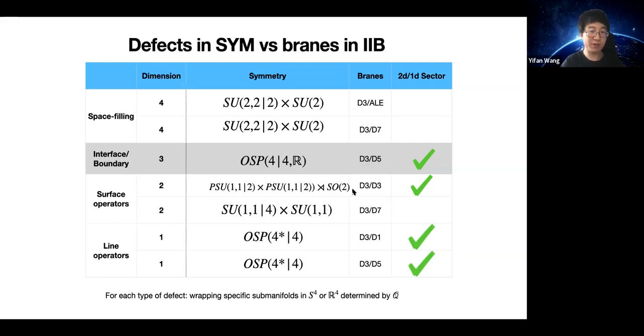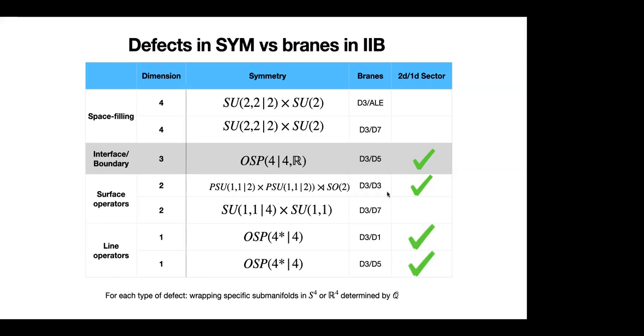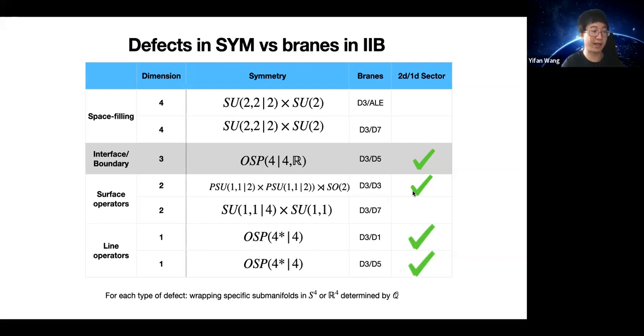One can also have surface operators, which come in 2 flavors in N=4 super Yang-Mills. One is the most familiar type, engineered by another D3 brane intersecting the D3 branes that engineer the super Yang-Mills. This corresponds to the usual Gukov-Witten surface operators, and it does live in the 2D, 1D sector that I described.